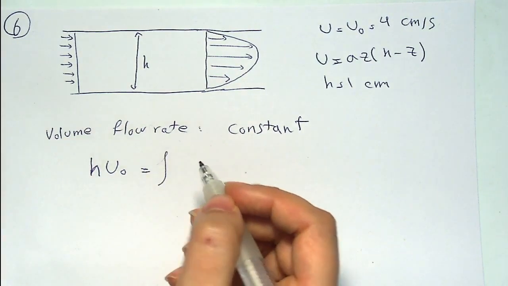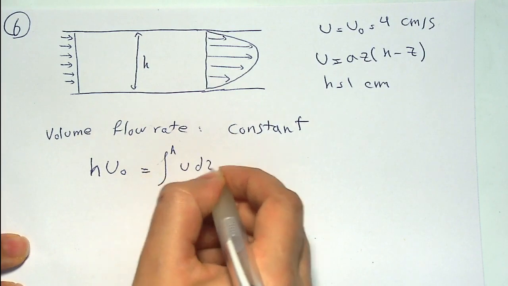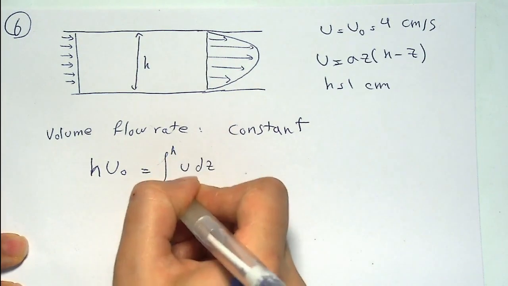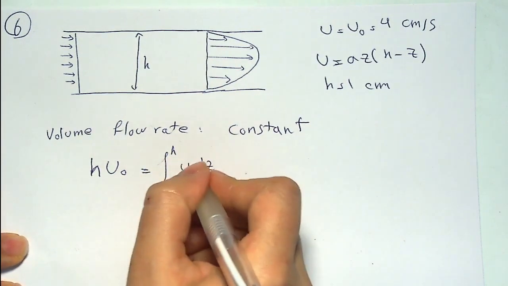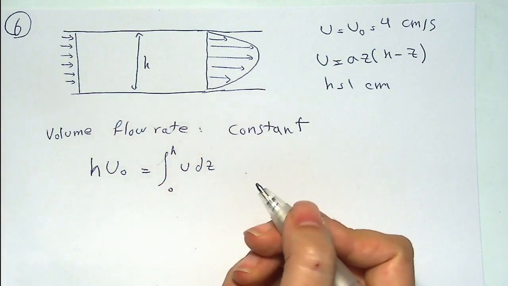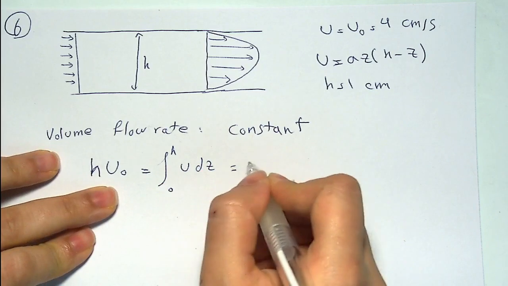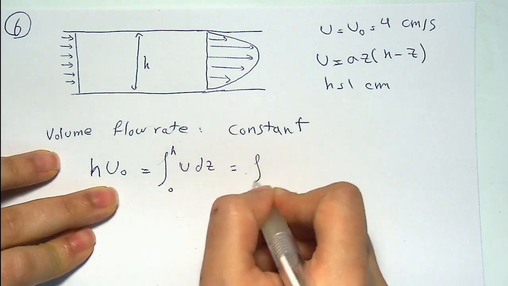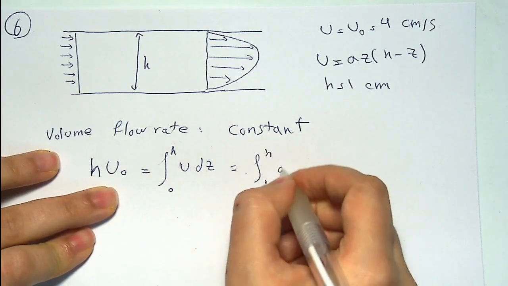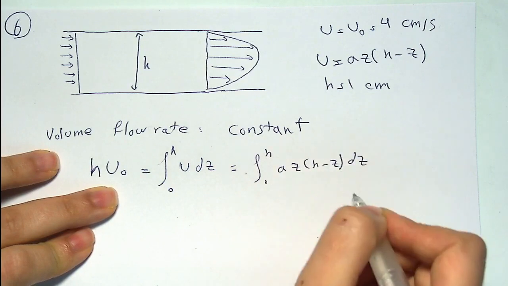After that, you need to again integrate because it's not constant. The integral of u dz from 0 to h is showing the h u0. So you have the equation for the u that is equal to az times h minus z, integrated dz.